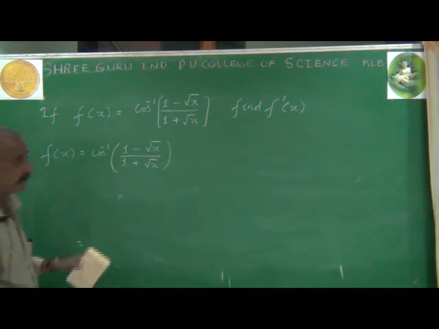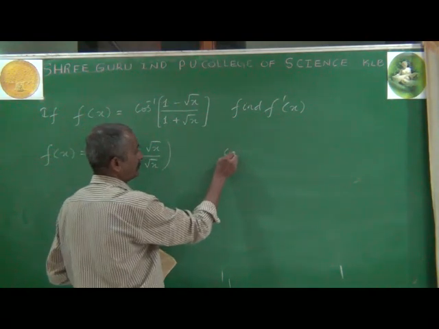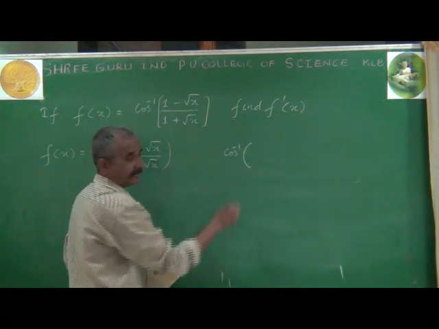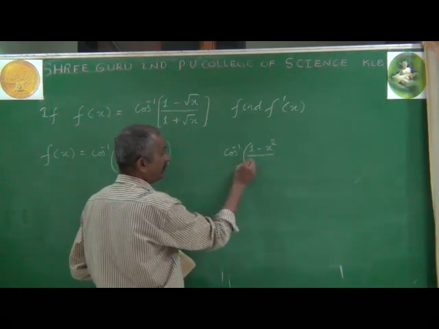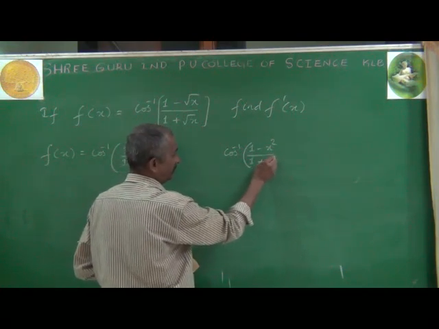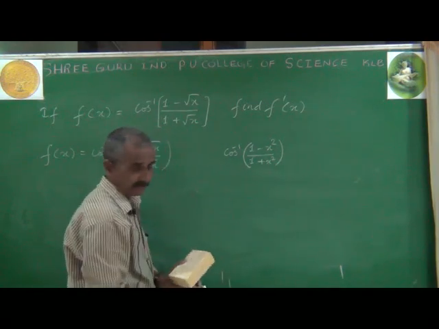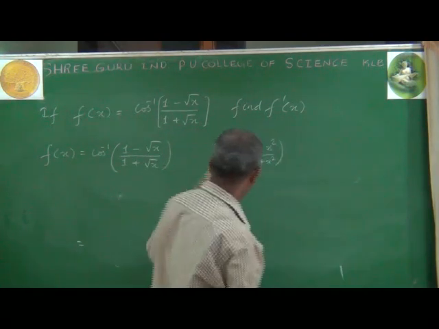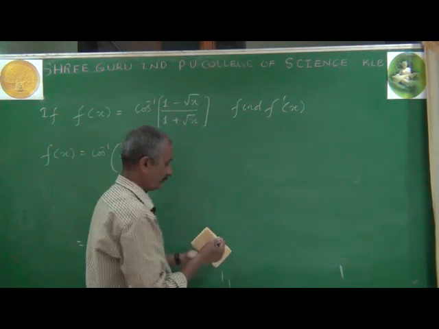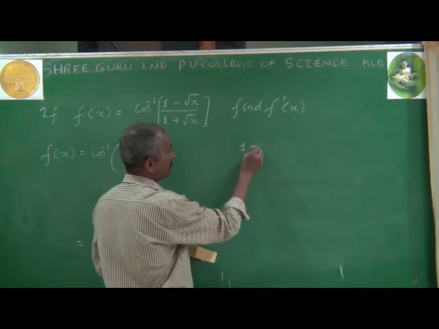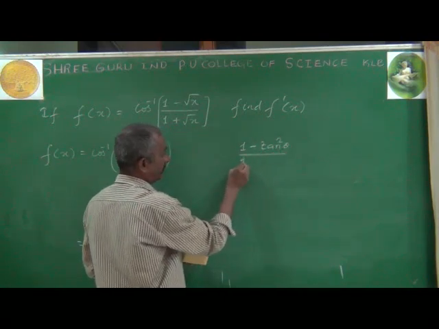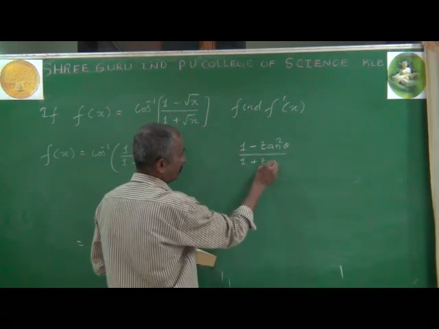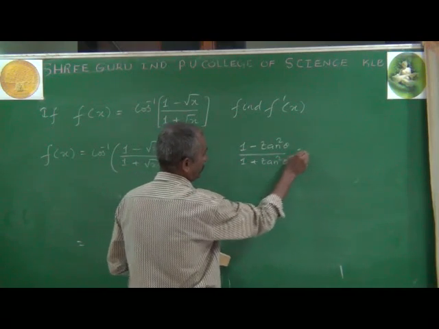In view of the formula of inverse trigonometrical function, cos inverse of (1 minus x square) divided by (1 plus x square), in fact, like this, it is (1 minus tan square theta) by (1 plus tan square theta), which equals cos 2 theta.